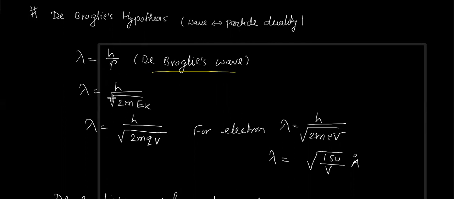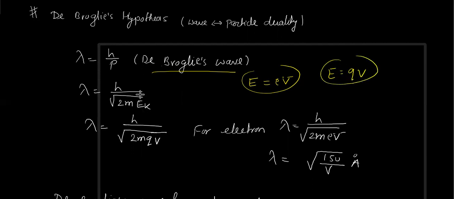For modification, you can replace this p by root over 2mKE, and this can also be replaced by qV, because as we know the kinetic energy for an electron is eV, but for another charged particle it is qV. So we can easily replace this KE by qV.